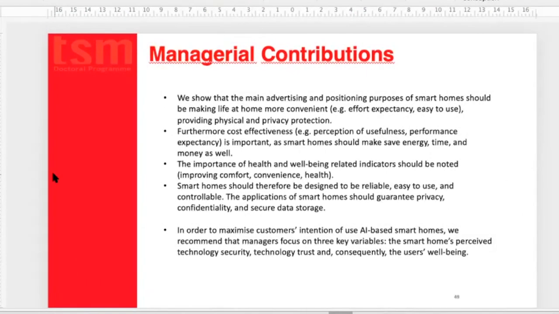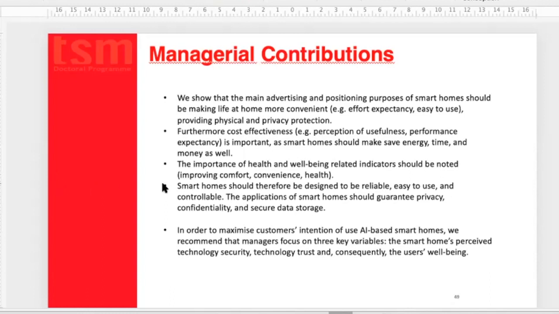In terms of managerial contributions, we show how advertising and positioning of smart homes should be done according to the different antecedent variables of adoption, namely effort expectancy, ease of use, or performance expectancy or perceived usefulness, or protection of physical devices and privacy. We see that cost effectiveness is important, so performance expectancy, as smart homes should make save energy, time and money as well.